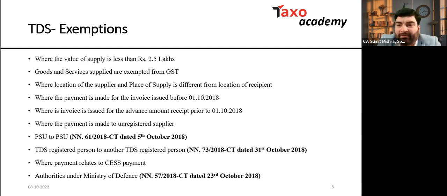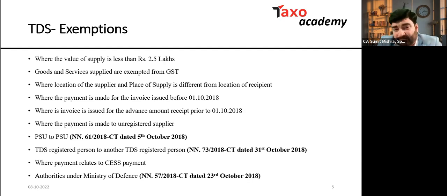It is already clarified by the SOP released by the CBIC, wherein they have clearly mentioned that if the amount for a particular transaction is received before the effective date of TDS provisions, for example, I have received payment of 10 lakh rupees before 1st of October 2018, and the invoice is raised after the effective date, let's say 10th of October 2018, then I'm not supposed to take TDS on it.